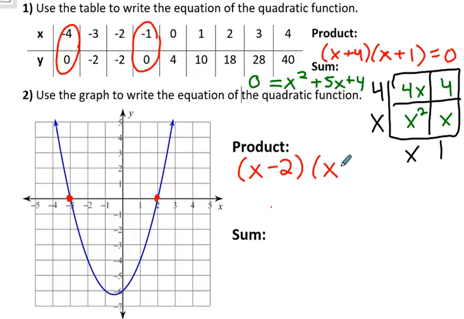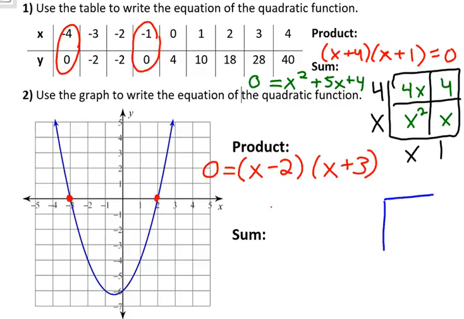So we're going to have an x plus 3. Now remember, order doesn't matter with multiplication, so you could have the x plus 3 times the quantity x minus 2. That would be fine. Remember, this equals 0. They are the x-intercepts, so we could have the equal 0 on the other side. It's the same thing.